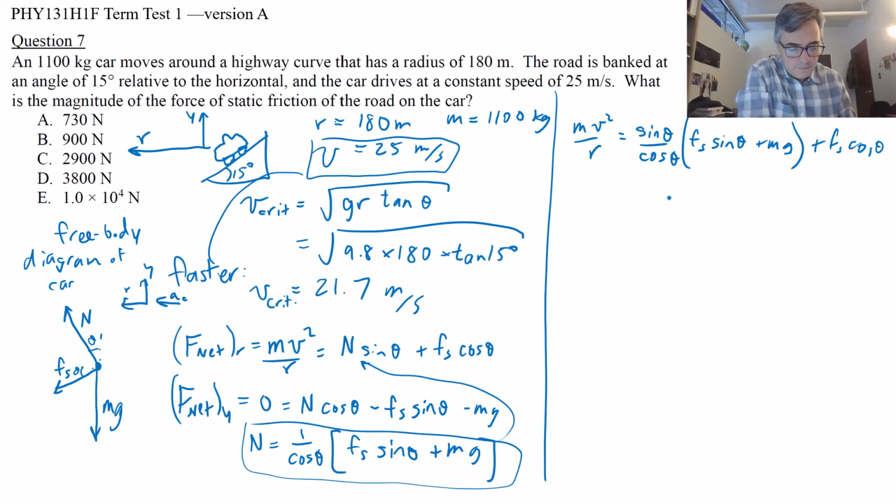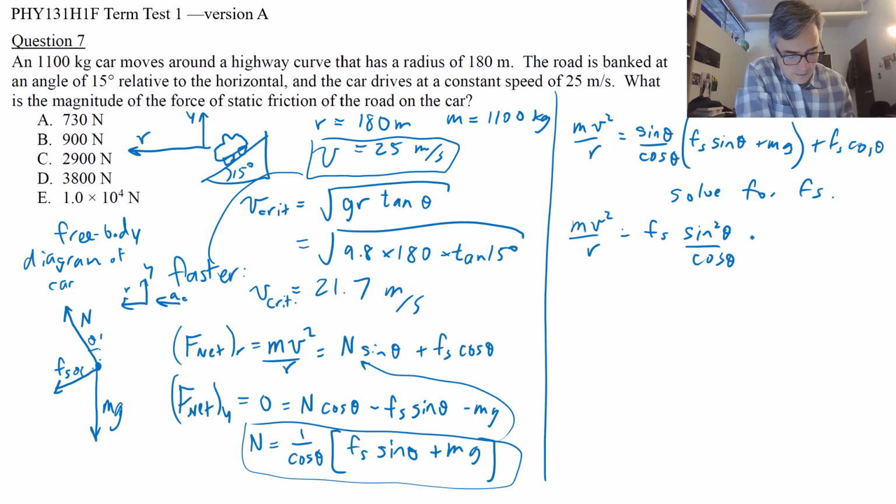And I need to solve for Fs here, what we're trying to find. So mv squared over r is equal to Fs times sine squared theta over cos theta plus Fs times cos theta plus mg times tan theta.